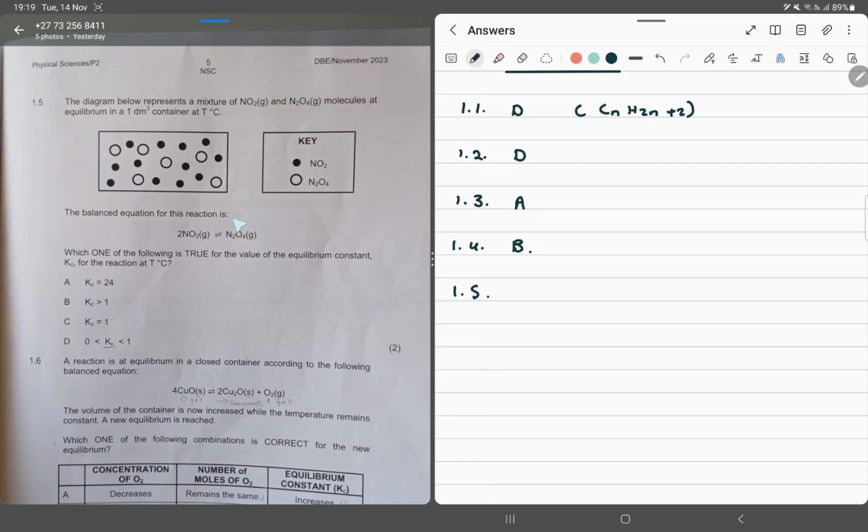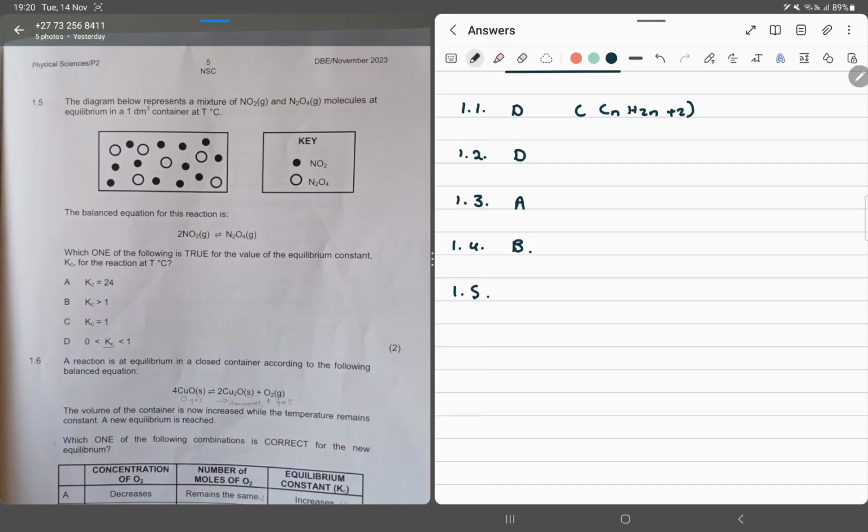So essentially, if you can see here, our product is dinitrogen tetroxide, and it is the one with the lesser number of moles at equilibrium. So that means that concentration is going to be less. So we've got a proper fraction where we've got a smaller numerator over a greater denominator. And this means our Kc value is definitely going to be less than 1, but it never is less than 0 anyway.